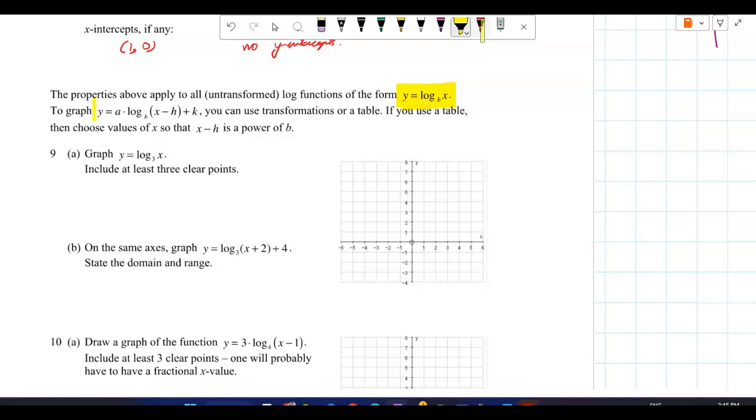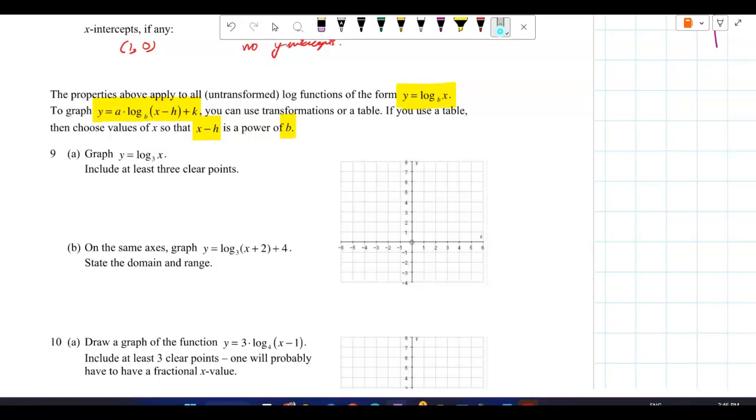To graph this one, you can use the transformation. If you use a table, then you choose a value of x so that x minus h is a power of b. Now this is important. Your x minus h should be a power of b. So we'll see that as we do it.